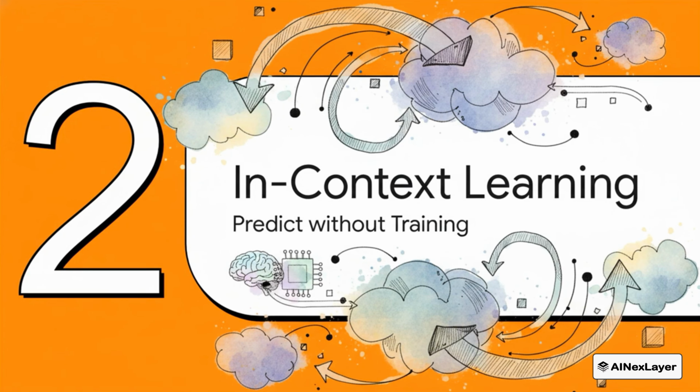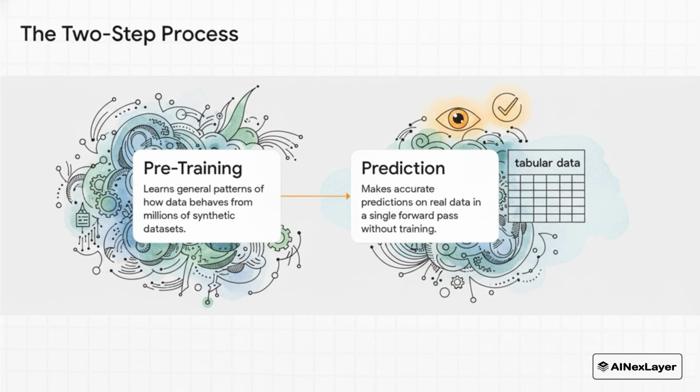Okay, so at this point, you're probably asking the same thing I was. How is this even possible, right? How can a model just make a prediction without being trained on your specific data? Well, the answer lies in this really powerful concept called in-context learning. And the process is actually deceptively simple. So step one, there's this massive one-time pre-training phase where TabPFN learns from millions of synthetic or artificial datasets.